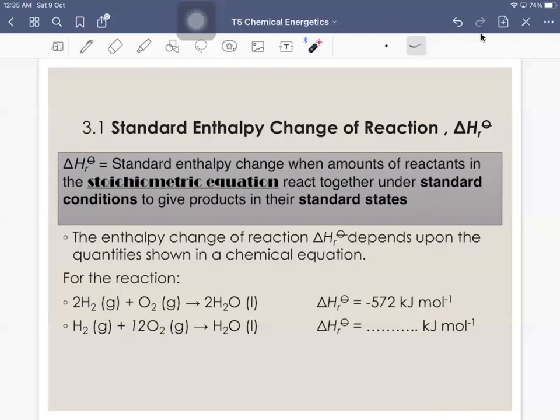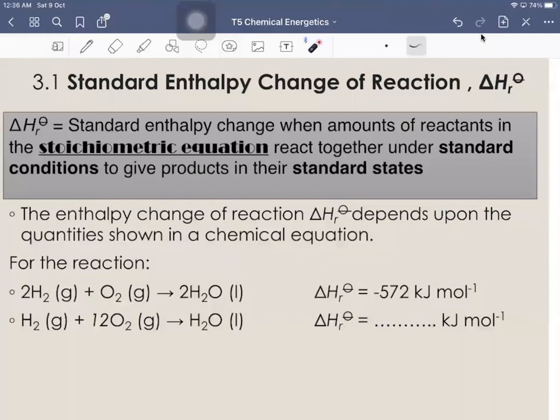Okay, where it mentions stoichiometric equation, this is your mole ratio. Okay, so your enthalpy change value depends on your mole ratio. So first example we have here is a reaction between hydrogen and oxygen to form water.